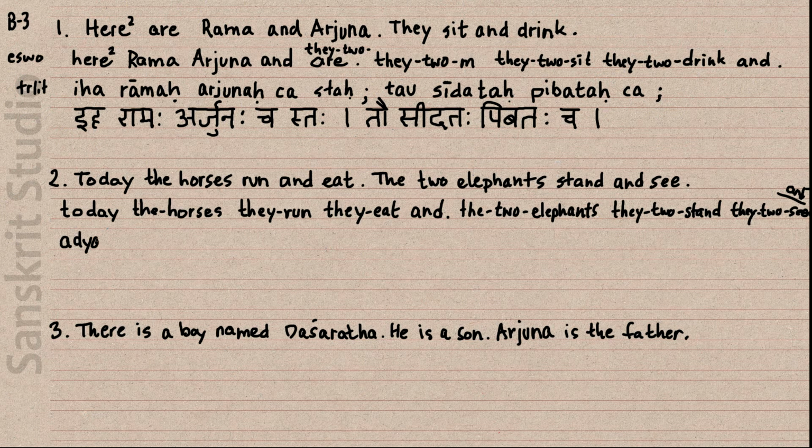Adya, and 1 horse is ashwa, Ashvaha, but here we have many horses, and that becomes Ashvaha. So we are converting the short A for the singular form to a long A when we're talking about many horses. Ashvaha, and they run.